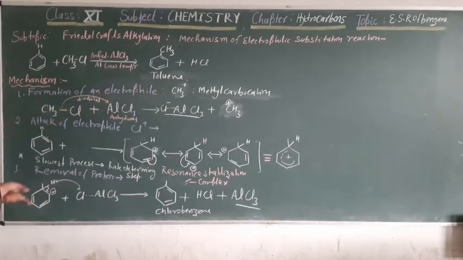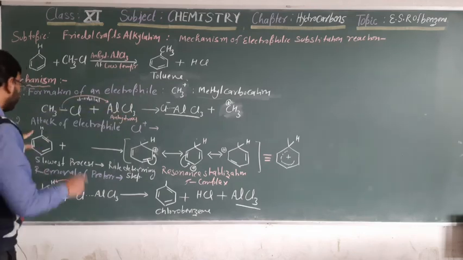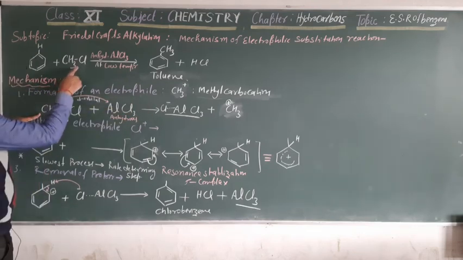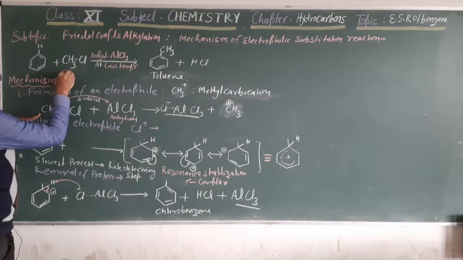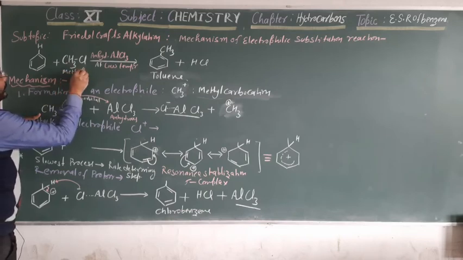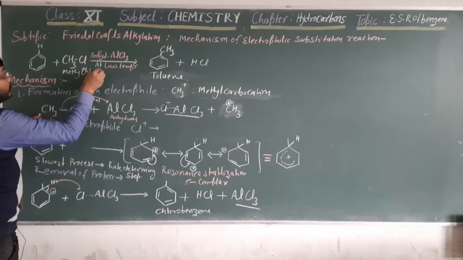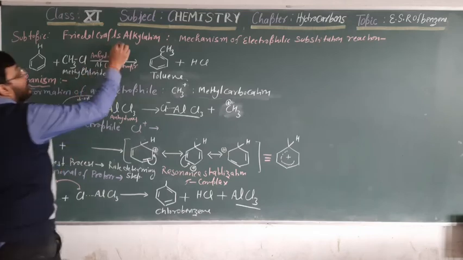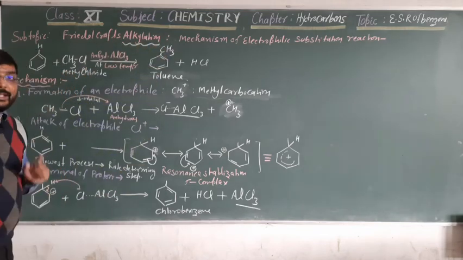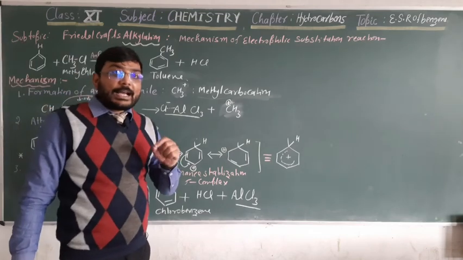The mechanism, as you see here, is formation of an electrophile. In this step we have the alkyl halide. This is a methyl halide, methyl chloride. In alkylation we should take the alkyl halide.